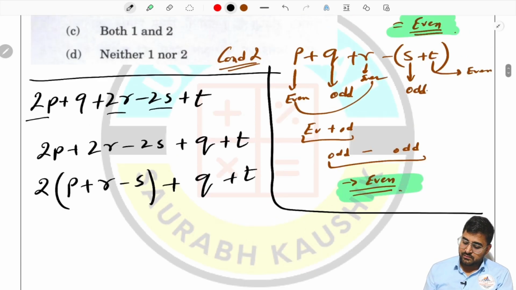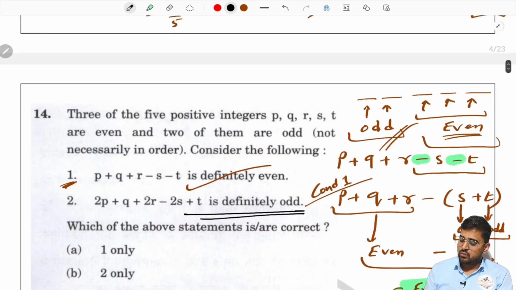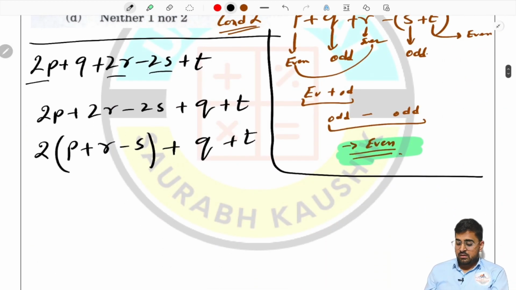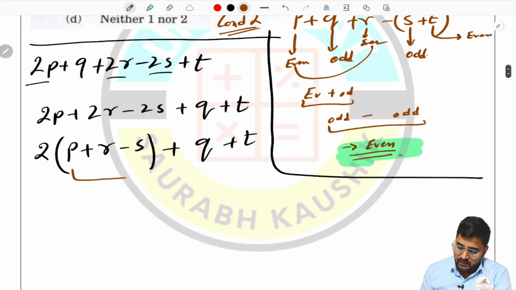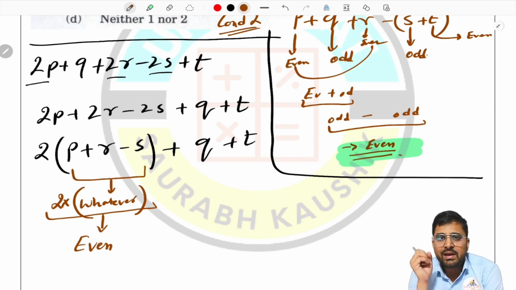Now read the question. They are saying that it's definitely odd. And what we have, the situation, is two odds. Let's play with the odds first. There are many possibilities. Whatever you put here is going to be multiplied by 2. When any number is multiplied by 2, you will get an even answer only.